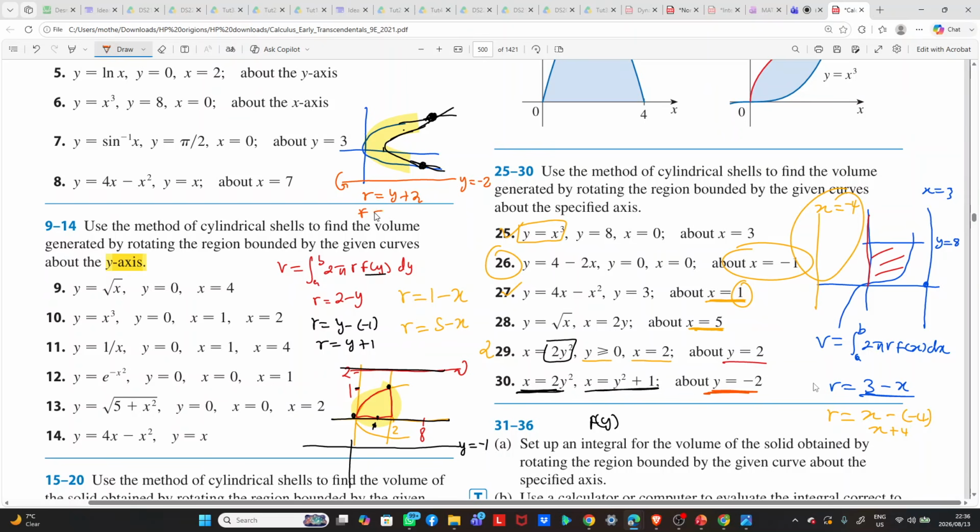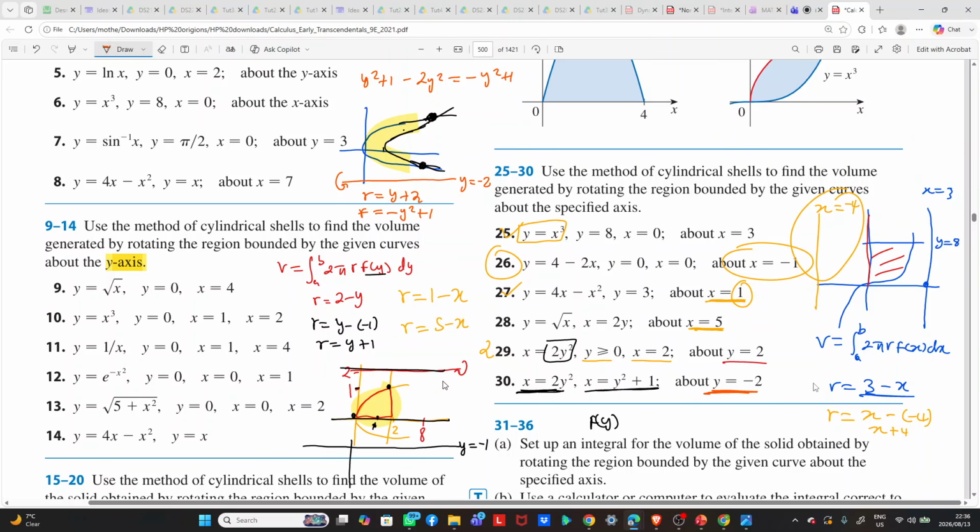What about f? F will be this function minus that one. This function is y squared plus 1, then minus 2y squared, and basically you get minus y squared plus 1. So your f will be minus y squared plus 1.